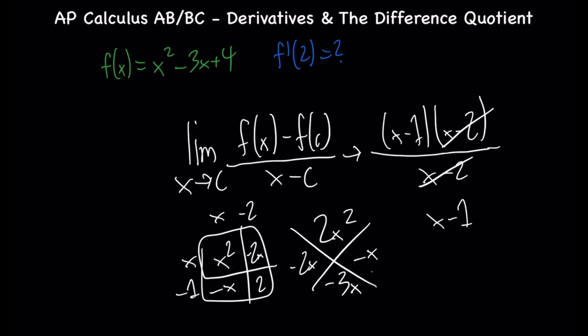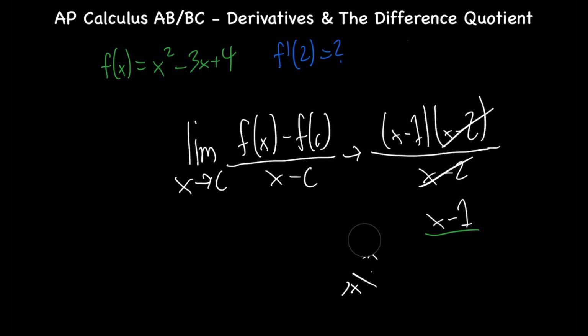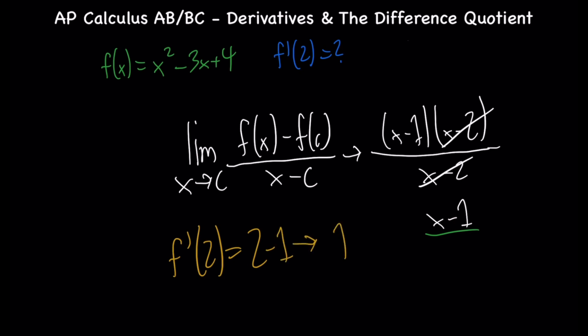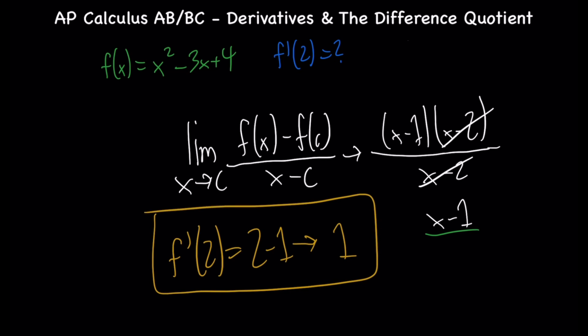This, whoops, hold on. This is your derived equation. And all you have to do now is plug in 2 for f prime 2. Got 2 minus 1. That gets you 1. So they both get you the same answer. So that's the difference quotient and the alternate difference quotient. As long as you know how the formulas work and how to apply them, it's not too hard.